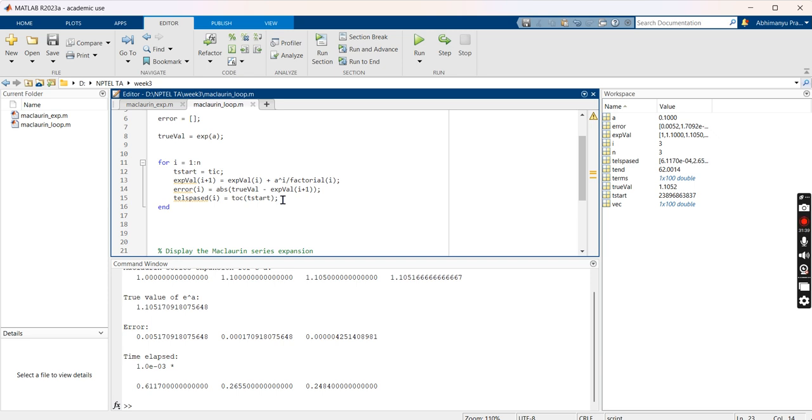Okay, yeah. So can anyone tell me what is the error over here? What is basically happening is I am just trying to add one extra term to the previous calculation. So my computation time required will not be that much.